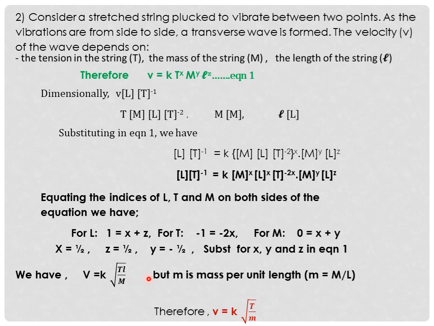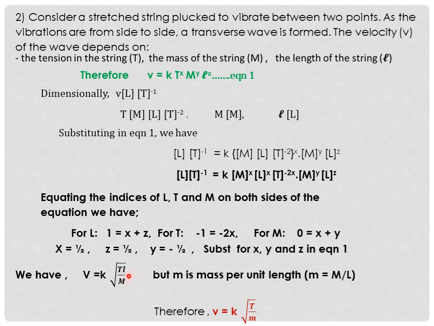But mark you, each time we are dealing with vibrating strings, we are looking at the mass per unit length. The mass that we have to work with is the mass per unit length. So this mass per unit length is represented here by this L on capital M. So this L now, the length now has to go up. I'm sure you are conversant with this arithmetic, with this simplification.